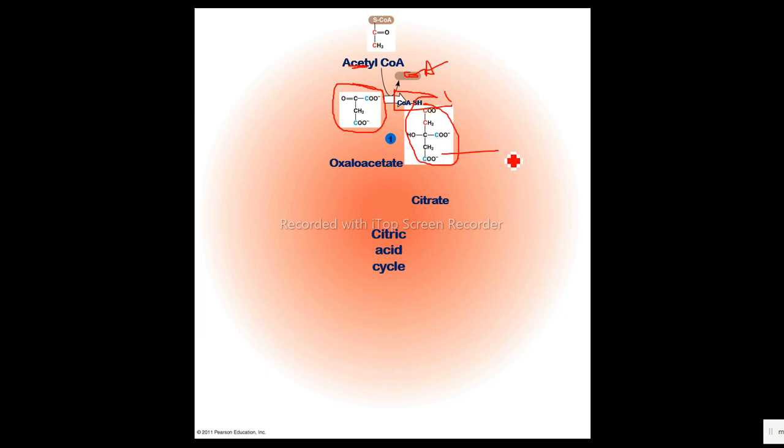However, you don't need to cram these structures. This is not biochemistry. You understand the structures when you go deep into biochemistry, but this is just biology, and we are just introducing you to this. So we form our citric acid. Now the citric acid will undergo what we call isomerism.